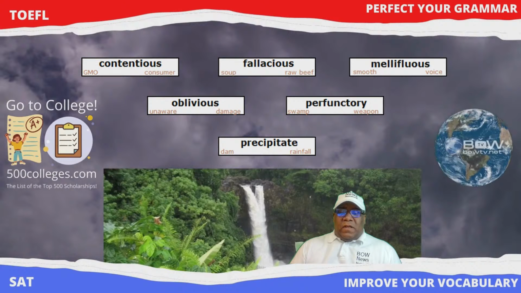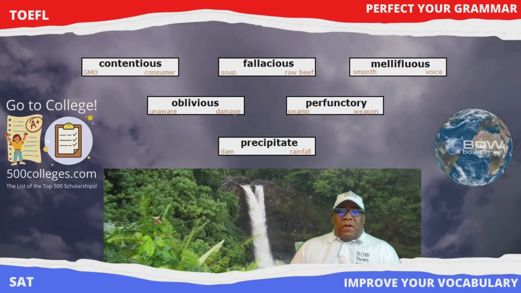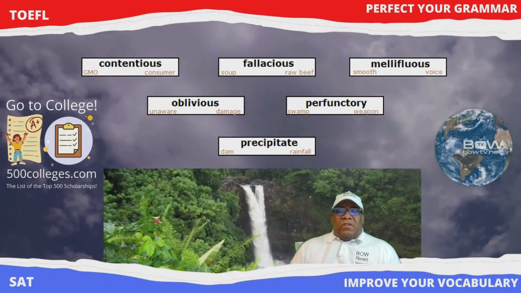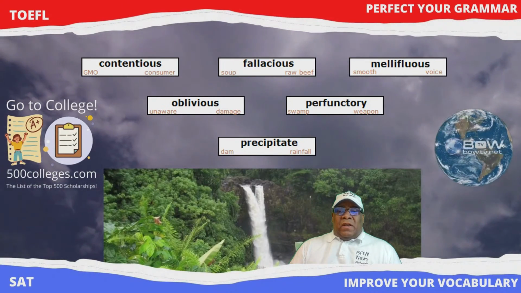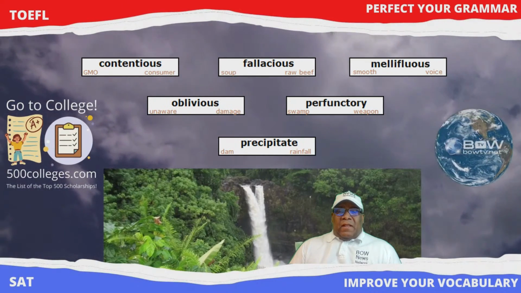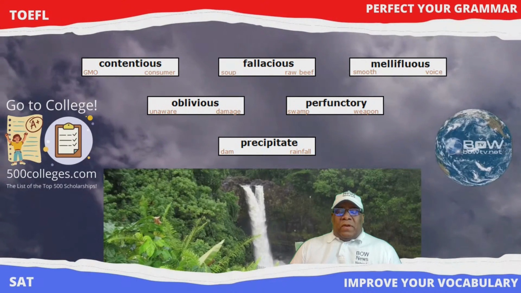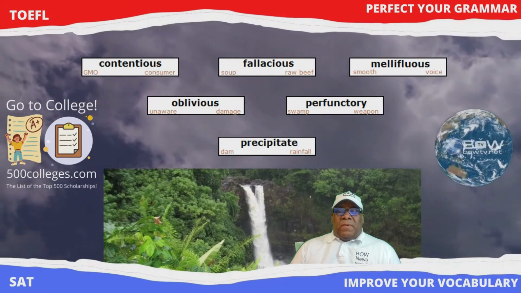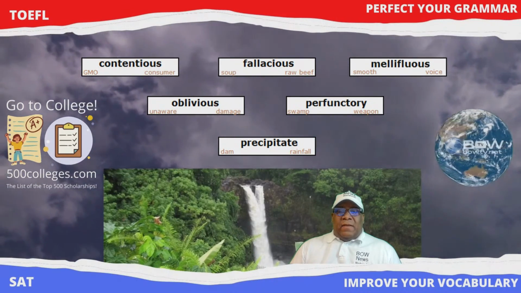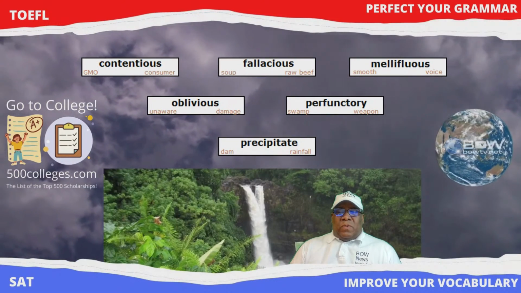So thank you for tuning in to Abound News Network for another edition of our English Grammar Word series. At this point we're looking at the more difficult words to remember, firmly ingraining these words.